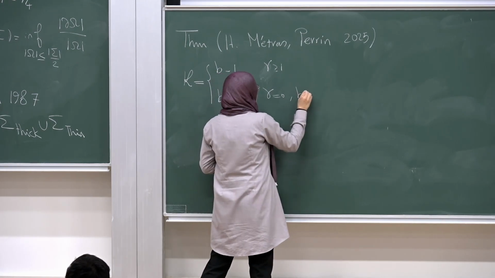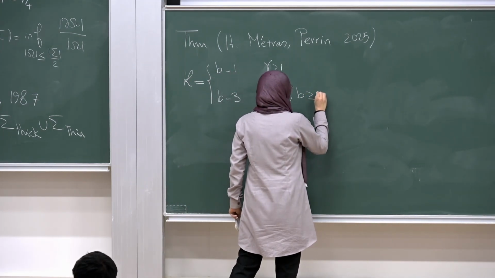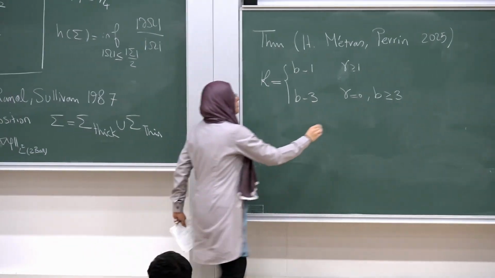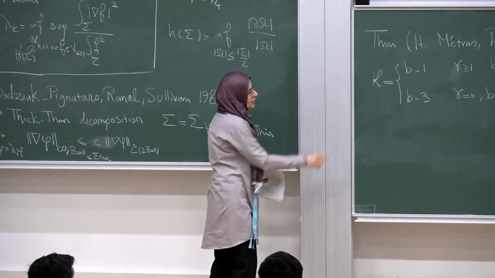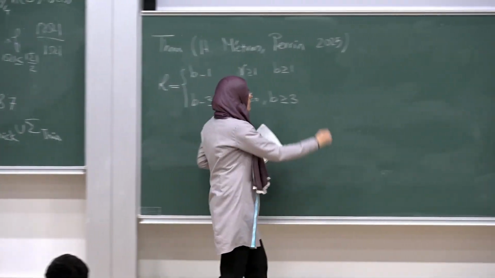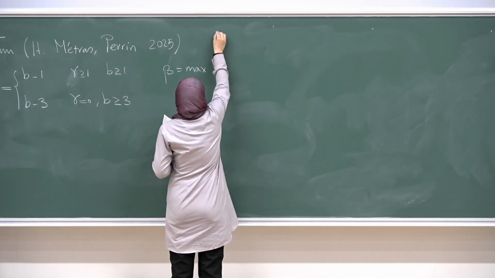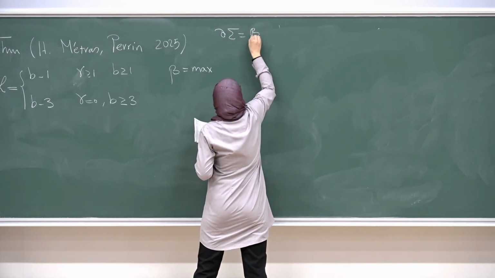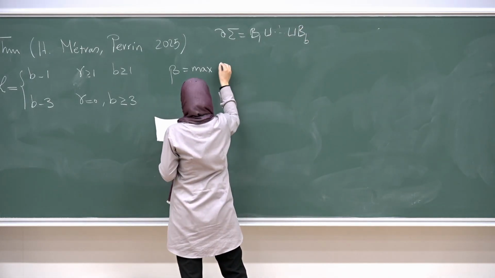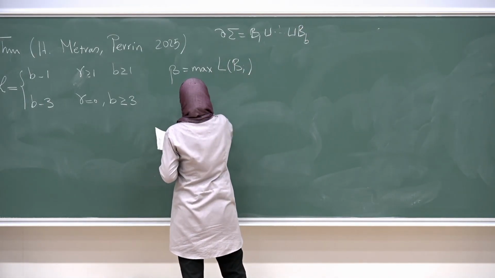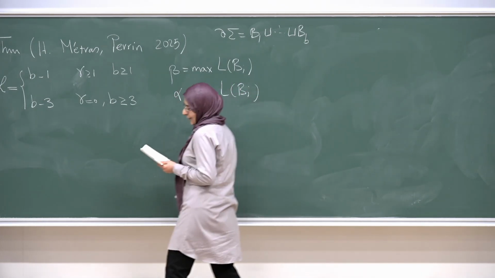If gamma is 0, then we have to have Euler characteristic number minus 1, but this is additional information that we don't need. So we have this kappa, and then beta, which is the maximum of the lengths of the boundary components B1 up to B, and alpha is the minimum of the lengths.